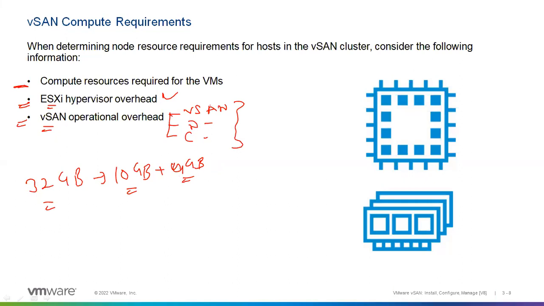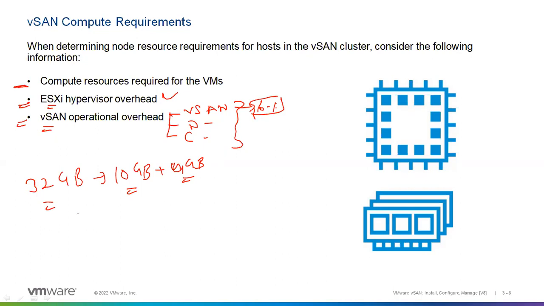Native vSAN functions always have a fixed reservation, approximately 10%. Dedupe and compression depends on how many disk groups you have configured, and it increases in a specific ratio.